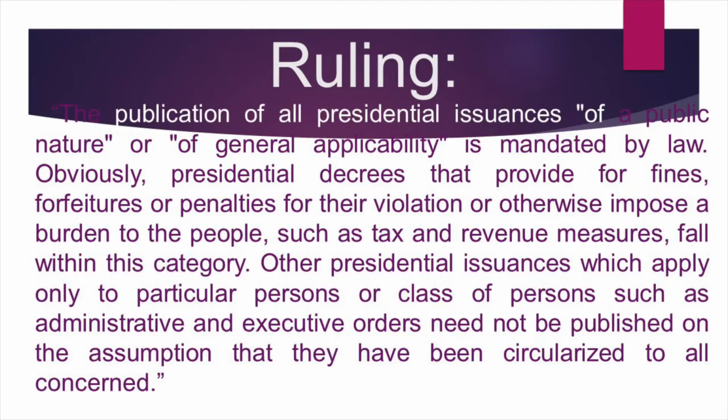Obviously, presidential decrees that provide for fines, forfeitures, or penalties for their violation or otherwise impose a burden on the people, such as tax and revenue measures, fall within this category. Other presidential issuances which apply only to particular persons or a class of persons, such as administrative and executive orders, need not be published on the assumption that they have been circularized to all concerned individuals.